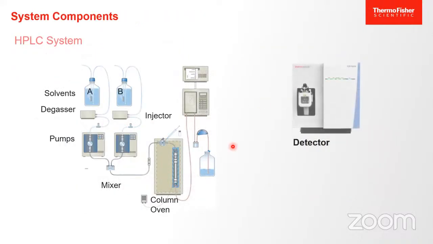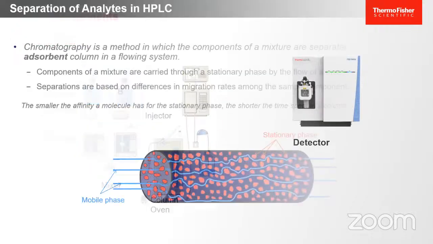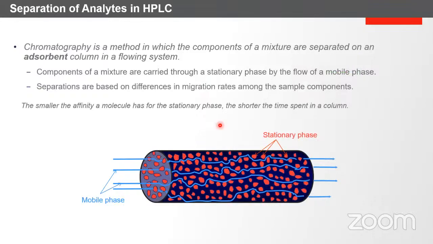Now, this is the HPLC component where I'm not going into detail, but we all know that it has a solvent, a degasser, a pump, and a column which separates the analyte, and then we detect it in the mass spectrometer. And how does it separate? In HPLC, you have a stationary phase and a mobile phase. Components of mixtures are carried through the stationary phase at different rates of migration.